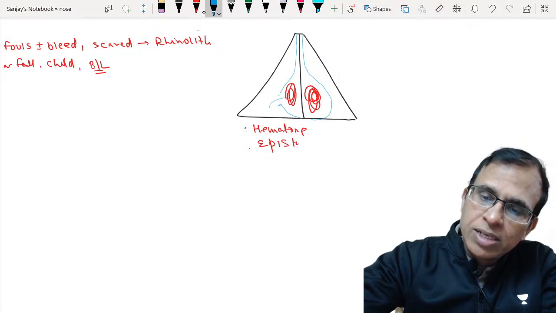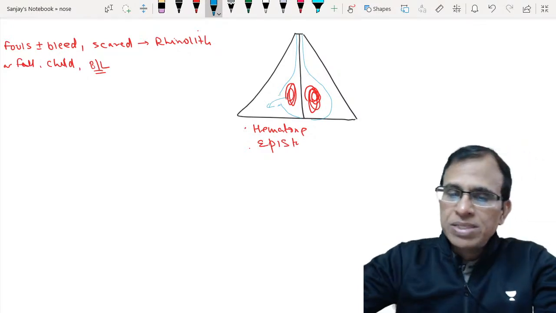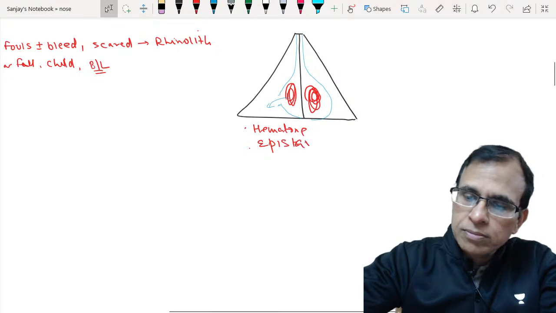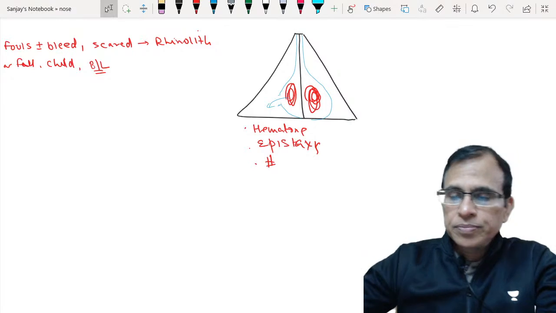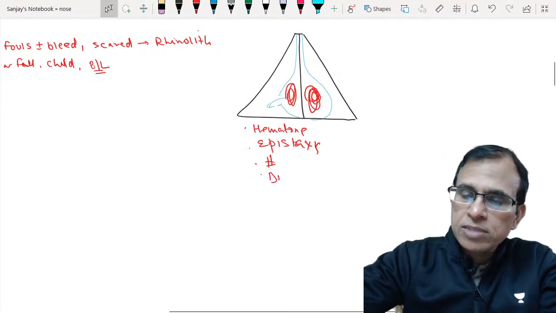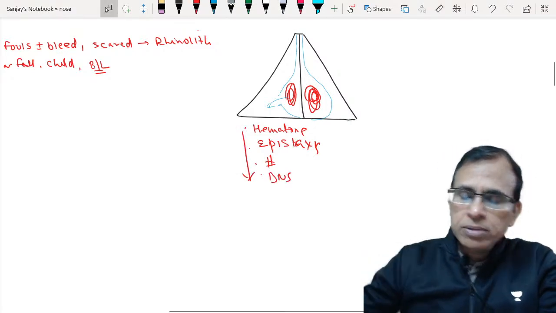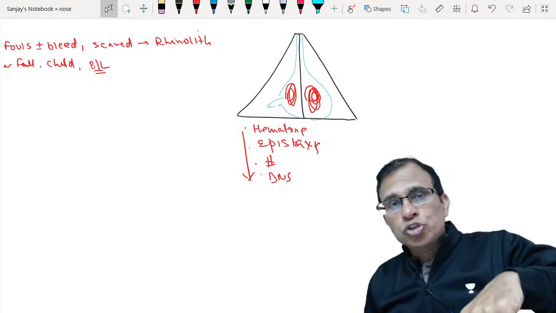This blood will not collect inside, it will come out, isn't it? So that's epistaxis. And third, fracture of the septum can also happen, and fracture can lead to DNS. So these are the things that can happen in trauma of the septum.